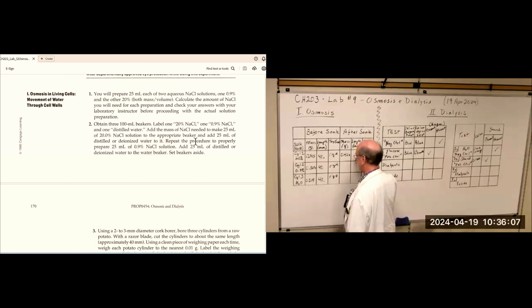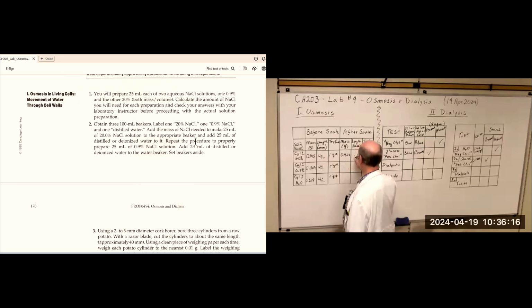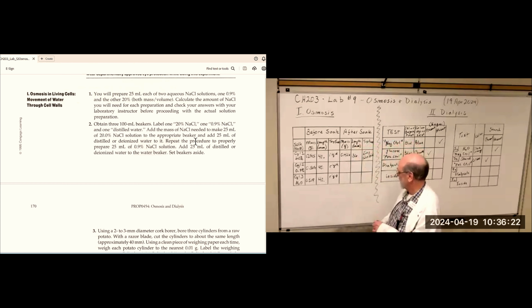3.6 or 36? 36, because it started out at 40. I was thinking inches. Okay, that's good. Now we'll go to the 0.9%.